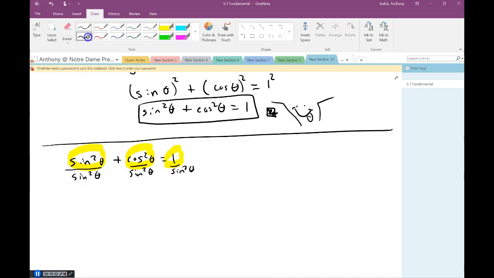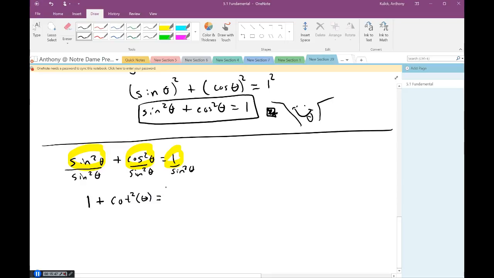But if I divide both sides by sine squared, I get 1 plus, what's cosine squared over sine squared? Well, it's cosine over sine, cotangent. So cosine squared over sine squared is cotangent squared.